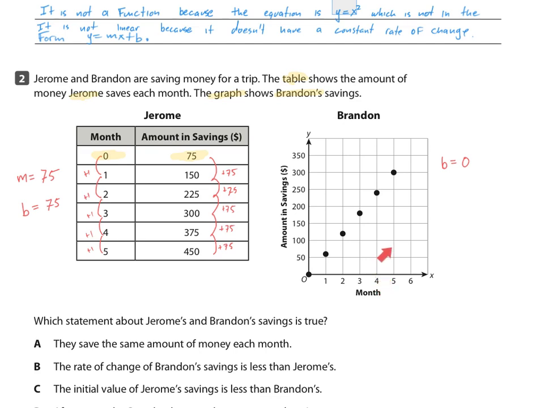When you get to 5 months is actually $300. So that's what we're going to use. We're going to use that point to use the slope formula. So our first point is 0, 0. Our second point is going to be 5 months and $300 saved up.